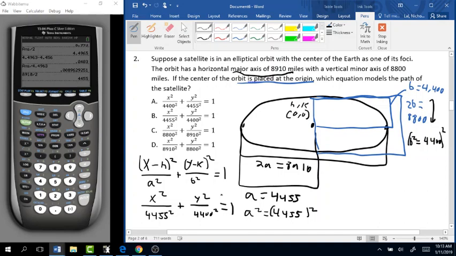And that's going to give us answer choice B. All right. So that's problem 2. Let's move on to problem 3.